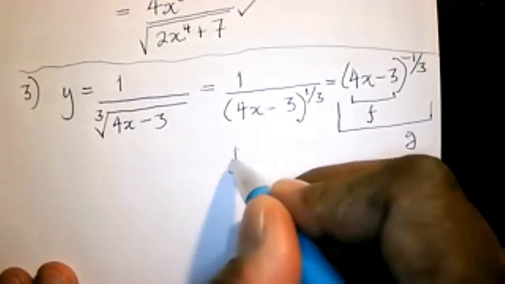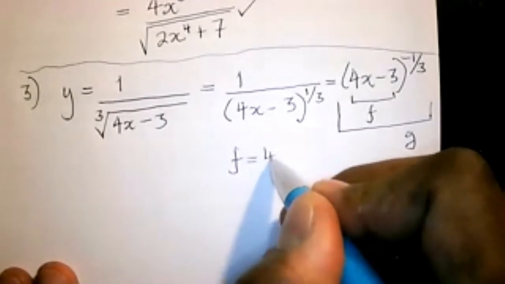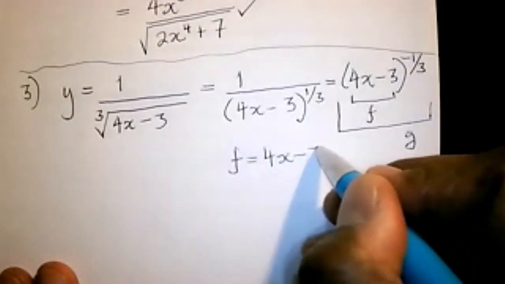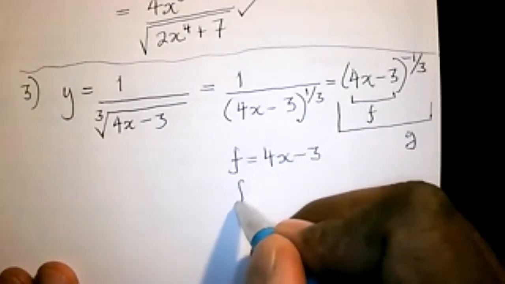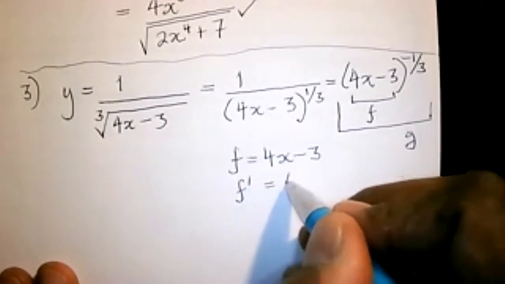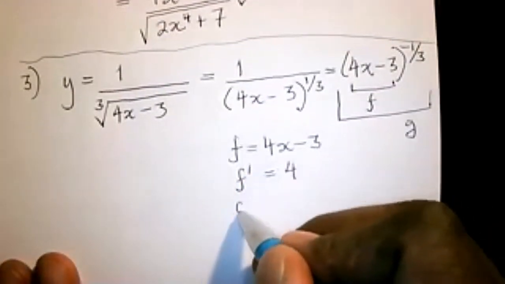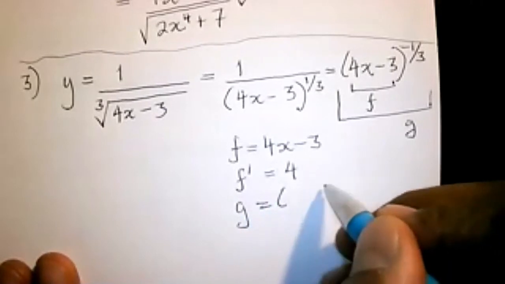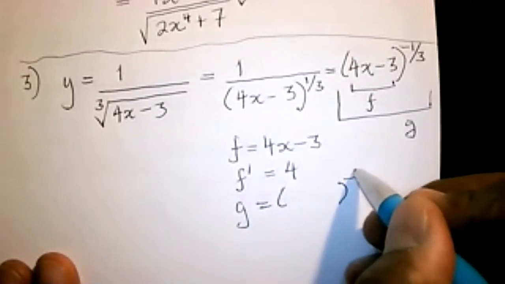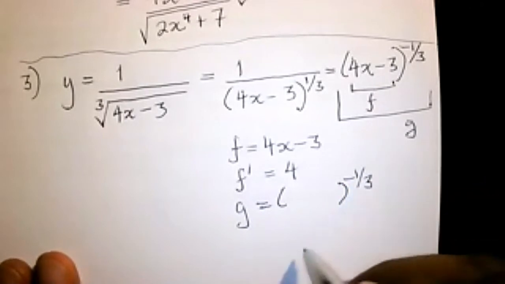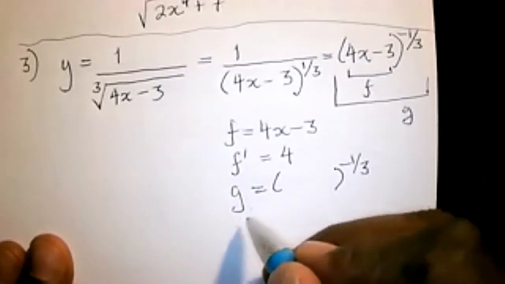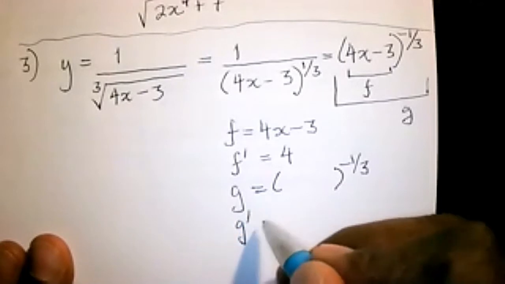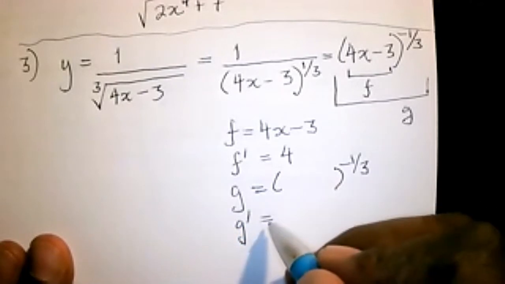So we repeat the process. So f is what? It's 4x minus 3. So f prime will just be 4. Our g is a bracket function. And as I have said before, rather keep the contents of the bracket out for now until you have found g prime.